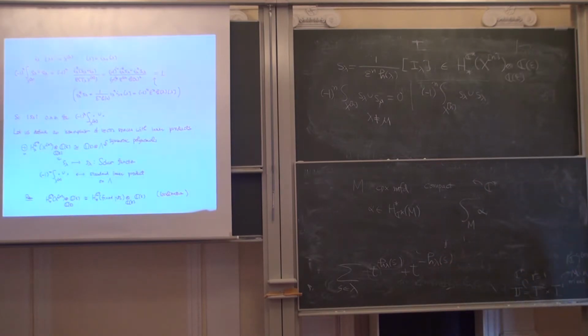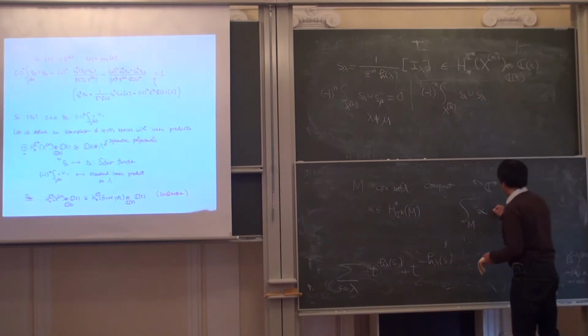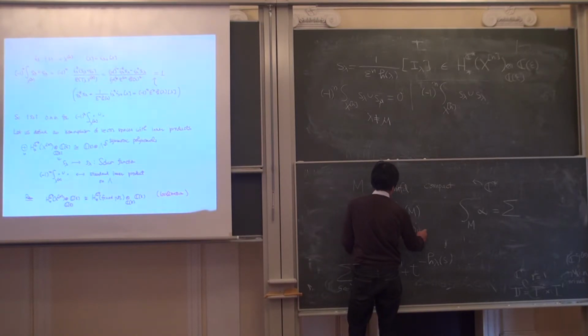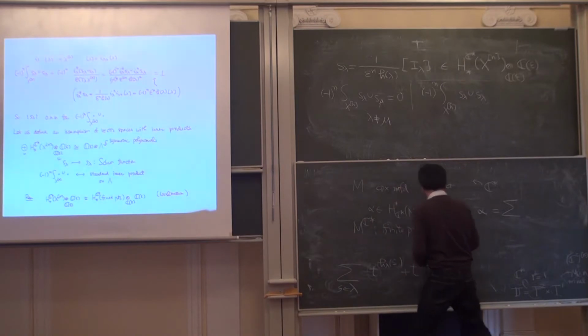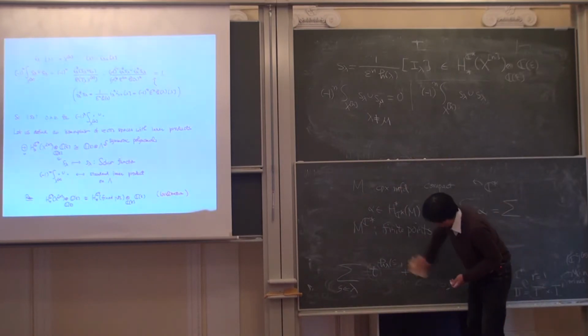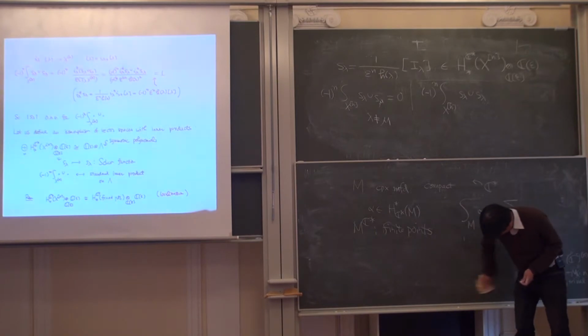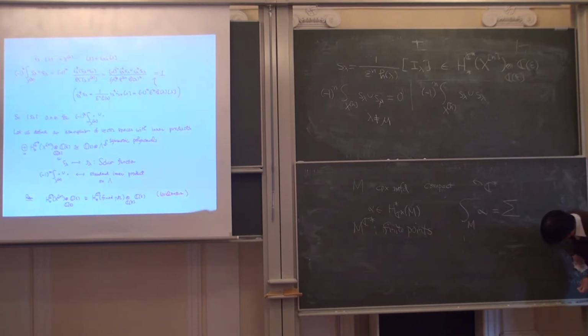Then the integration of the equivariant cohomology class over the manifold, supposing the C-star fixed locus of M is just isolated finite points, like in this case, instead of integration over the space, can be expressed by a finite sum. This is the famous Atiyah-Bott fixed point formula.